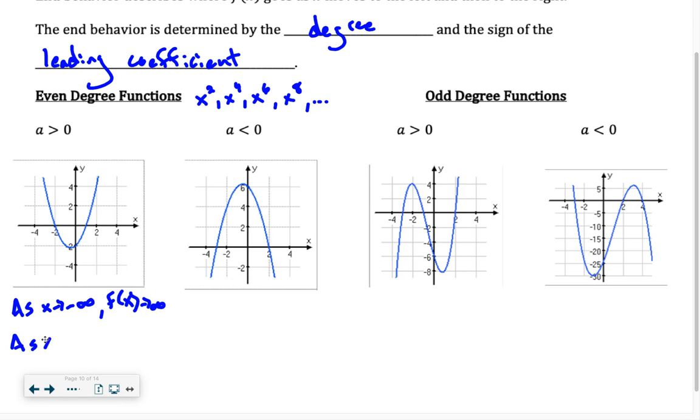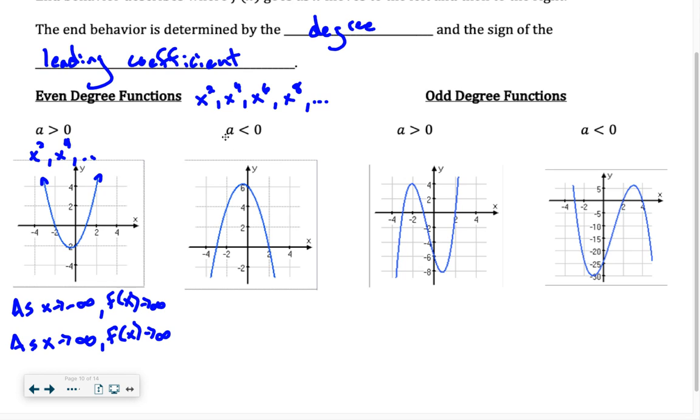Then as x goes to positive infinity, f of x is still also going to positive infinity, right? The graph is going up in both directions, and that is true if we have an even degree and a positive leading term. So like, x squared, x to the fourth, so on.